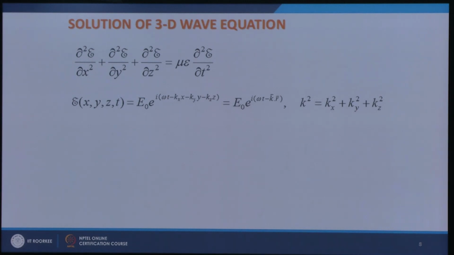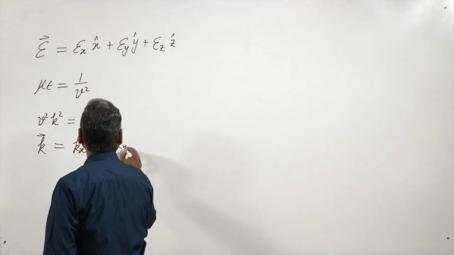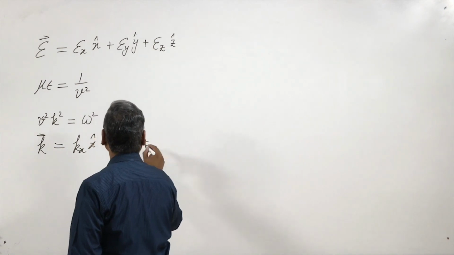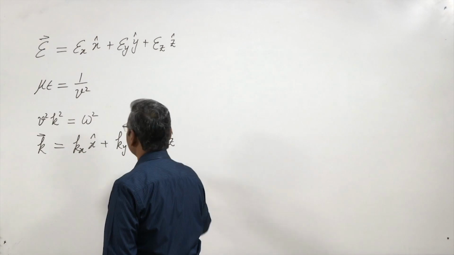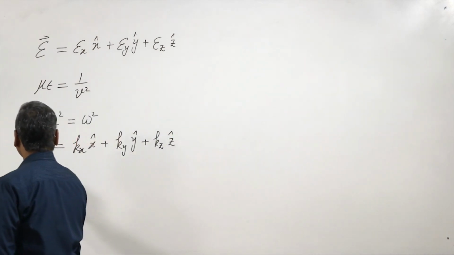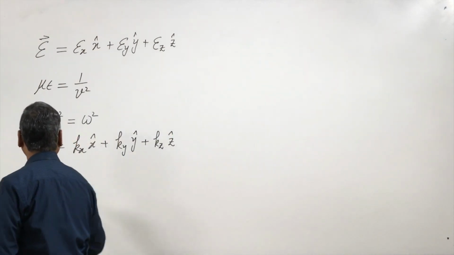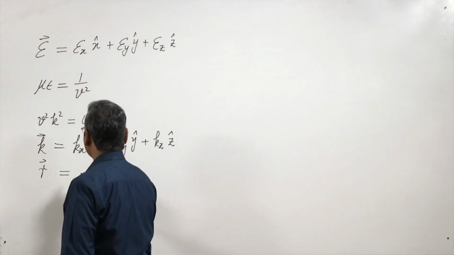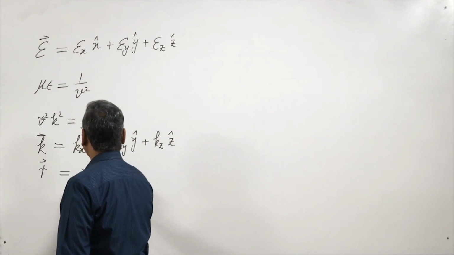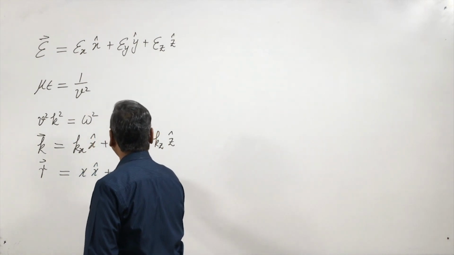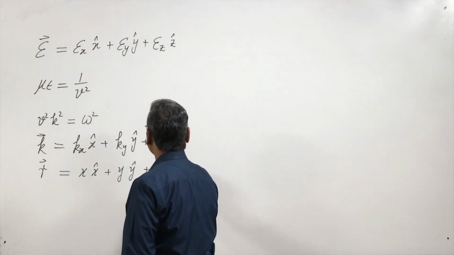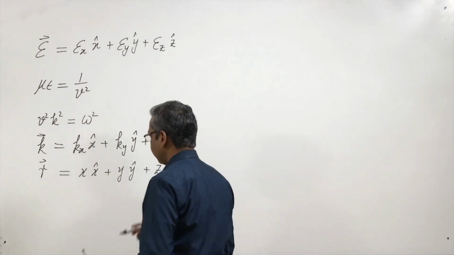What is k? k is k x x cap plus k y y cap plus k z z cap, and the position vector is x x cap plus y y cap plus z z cap.